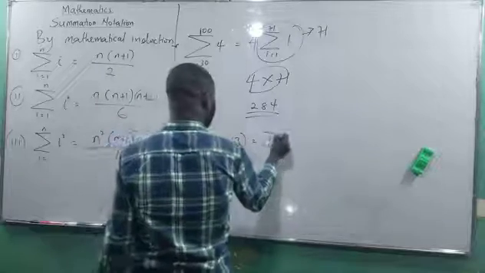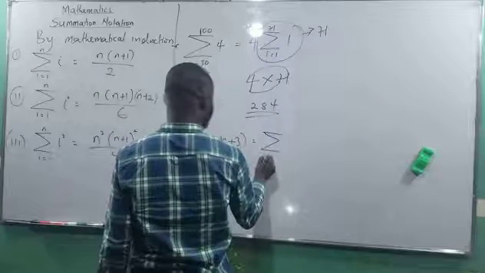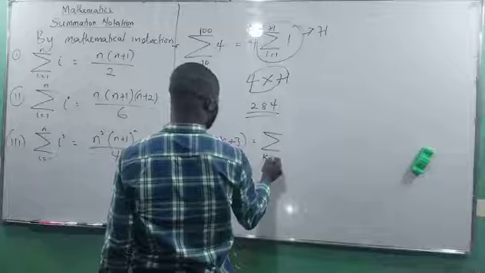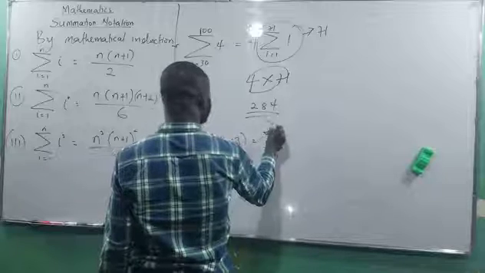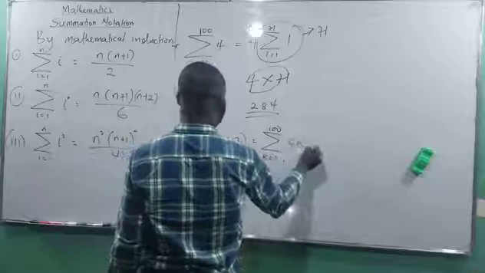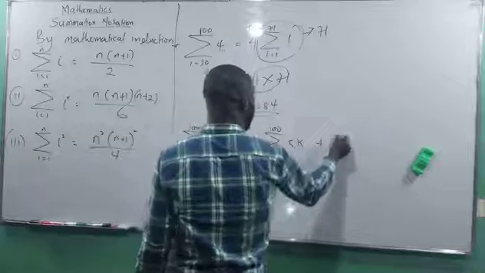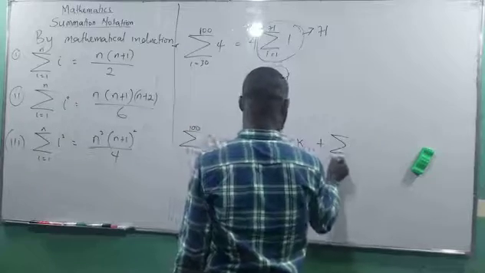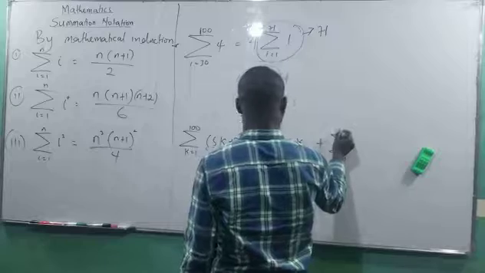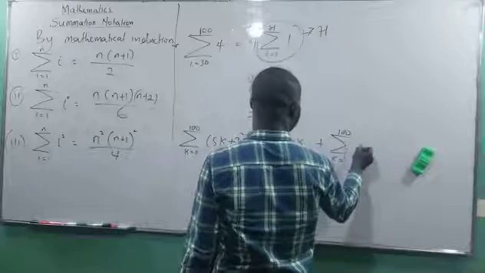It will be the sum of k equals 1 to 100 of 5k plus 3.